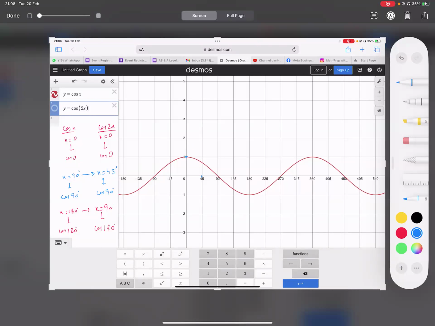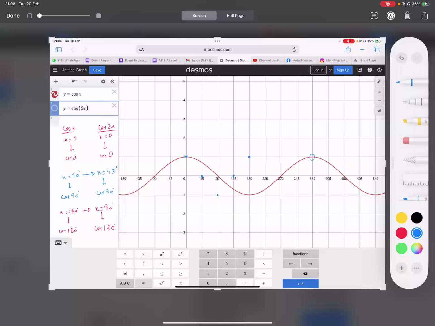The point at 180 goes to 90. The point at 270 is going to go to 135. 270 divided by 2 is 135. And the point at 360 is going to go to 180 instead.